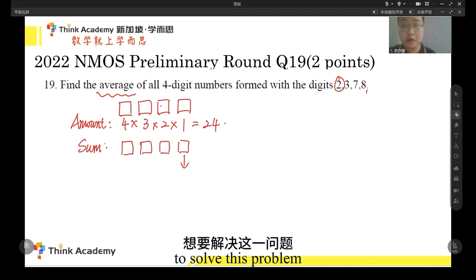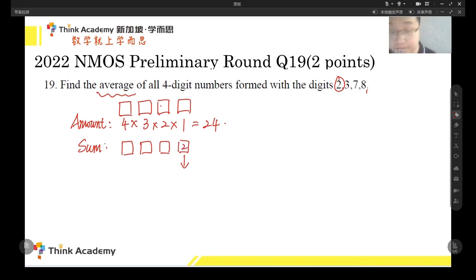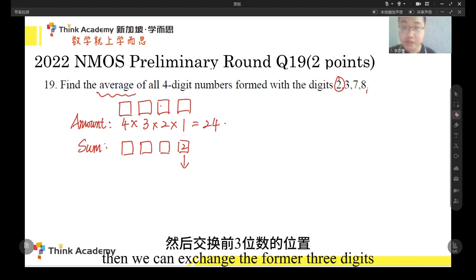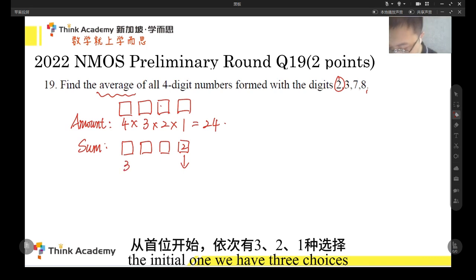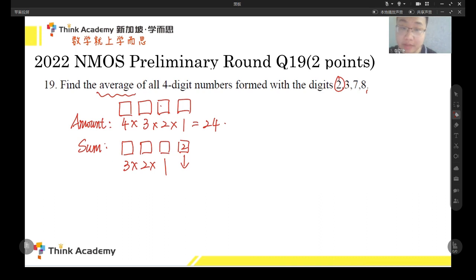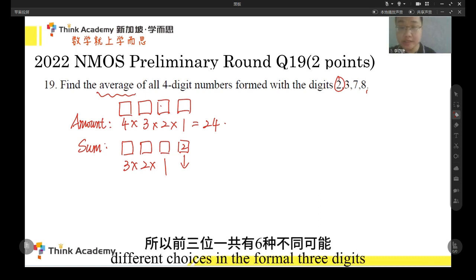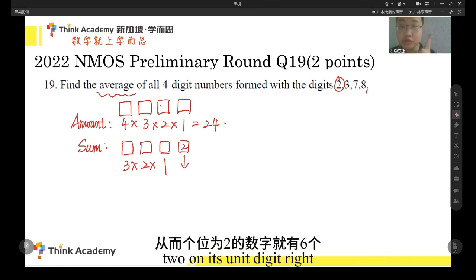To solve this, we can just write a 2 here. Then we can arrange the former 3 digits. The first one we have 3 choices, then 2 choices, and only 1 choice. So there are 6 different arrangements of the 3 digits, which means that there are 6 different numbers with 2 on its units digit, right?